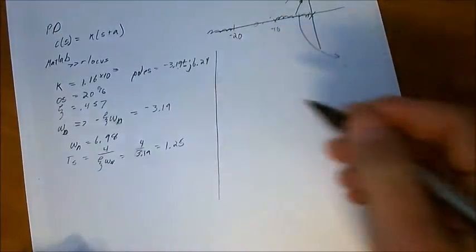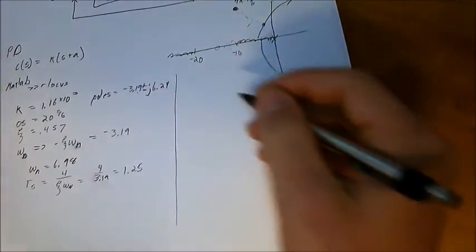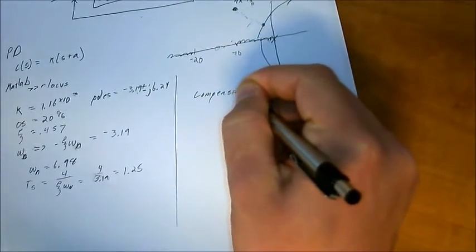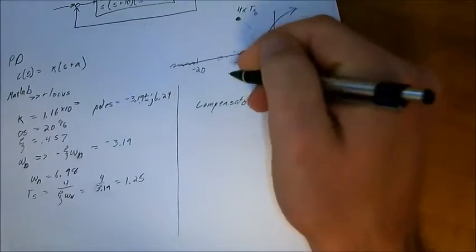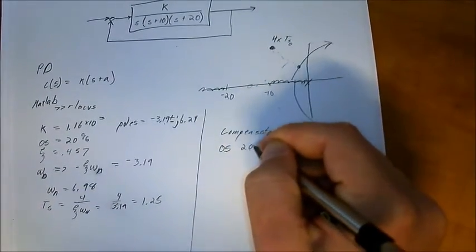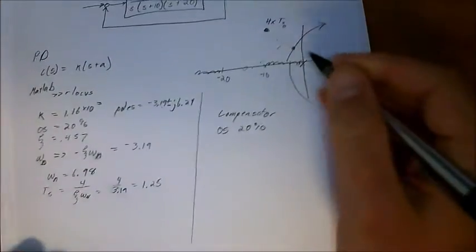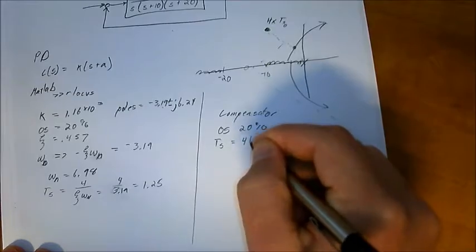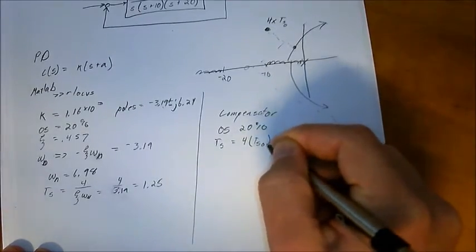Now, if you want to find out what the values for your new function are after the compensator, you have to figure out what this pole is going to be once you put in this zero. So you still are going to have an OS of 20% because that's a given. The new TS is going to equal 4 times TS original.